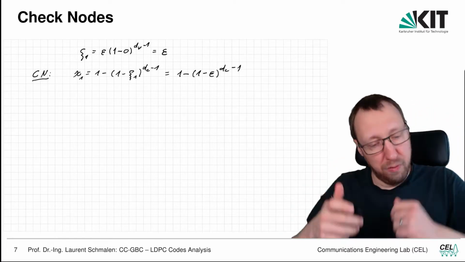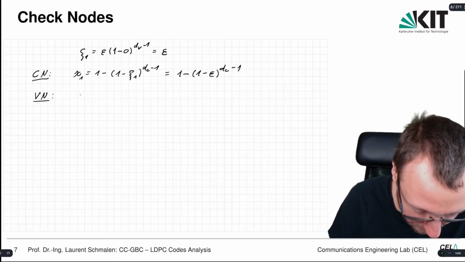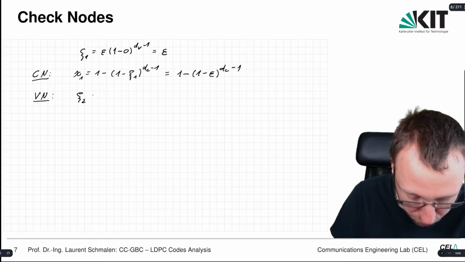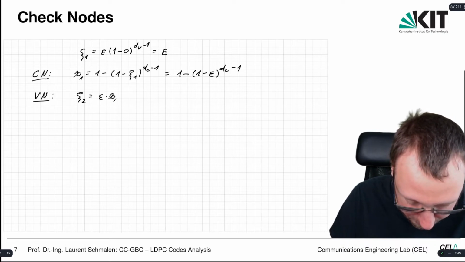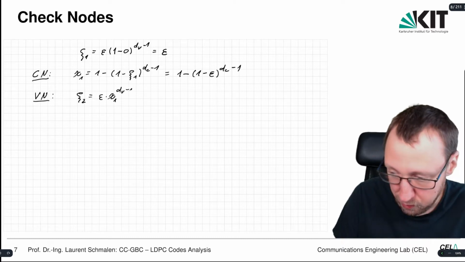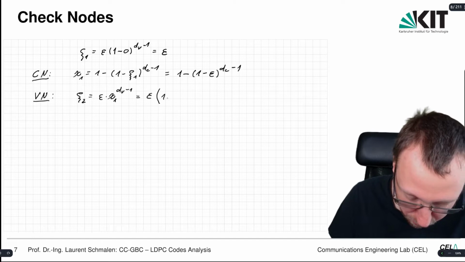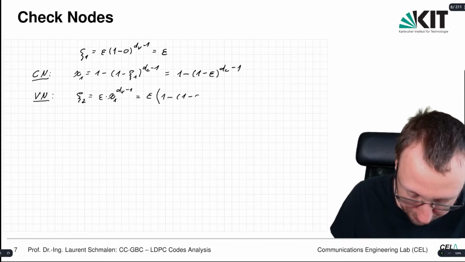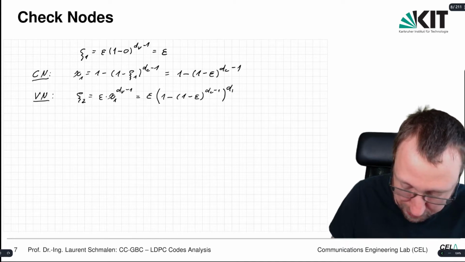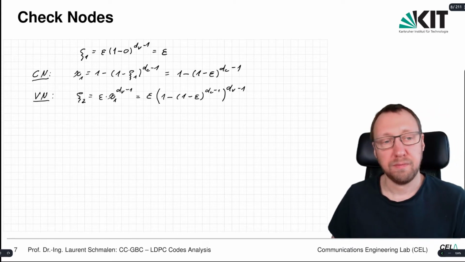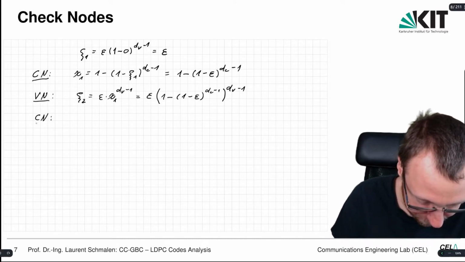Then we go to the variable node. So now we have the second execution of the variable nodes. We have xi2 is equal to epsilon times chi1 to the power dv minus 1. So this is epsilon times (1 minus (1 minus epsilon) to the power dc minus 1) to the power dv minus 1. And then we go again to the check nodes.